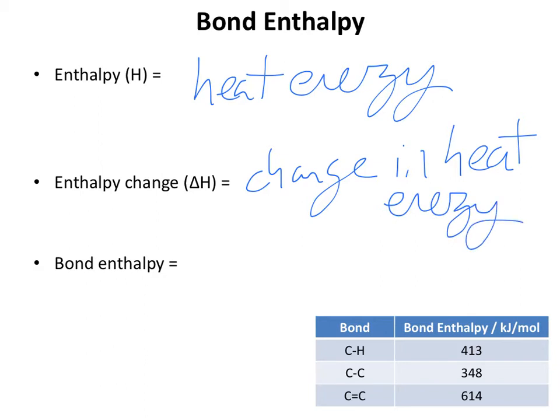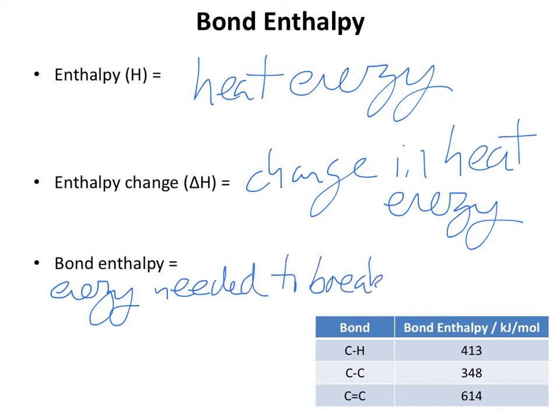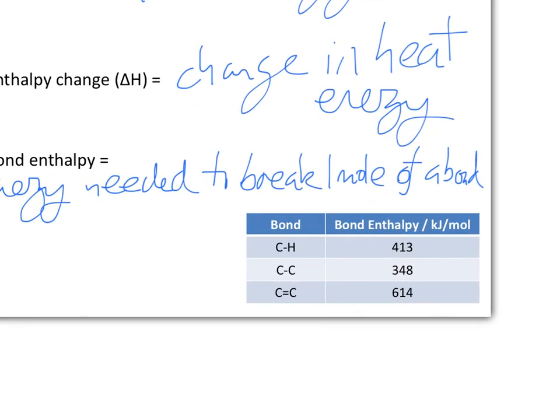And a bond enthalpy is the energy needed to break 1 mole of a bond. Now, if you're going on to do A level, you'll need to know a slightly more refined definition than that. But down here, you can see these are bond enthalpies.